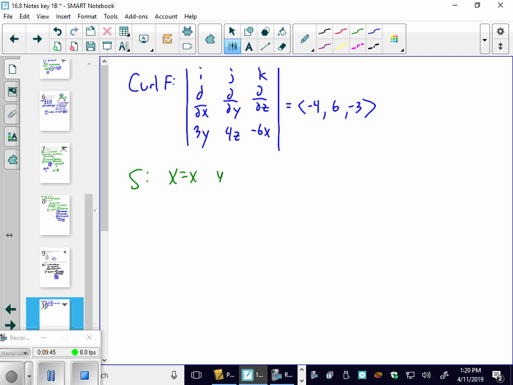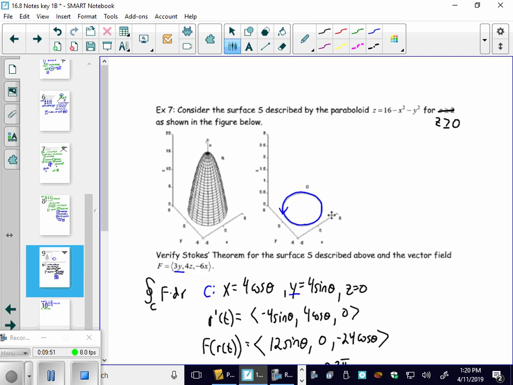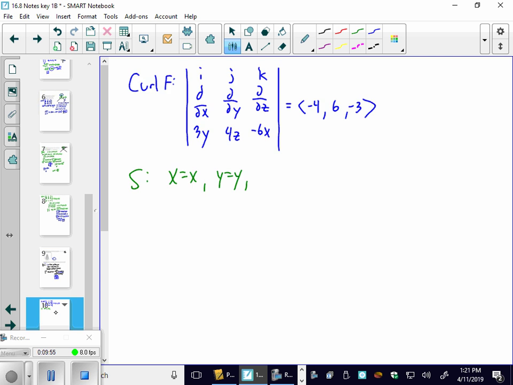X is x, y is y, and z is 16 minus x squared minus y squared. The reason I leave it like this is that doing r sub x, r sub y, and then the cross is really easy to do with these specific values.